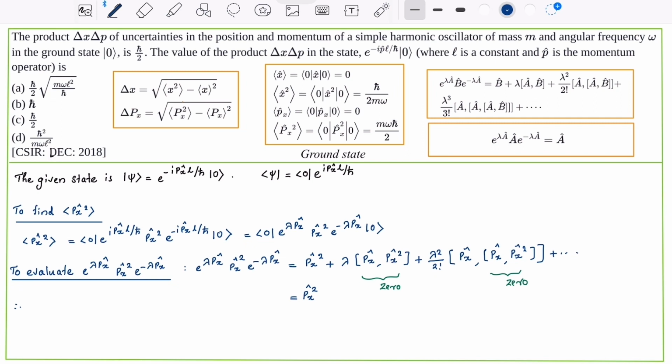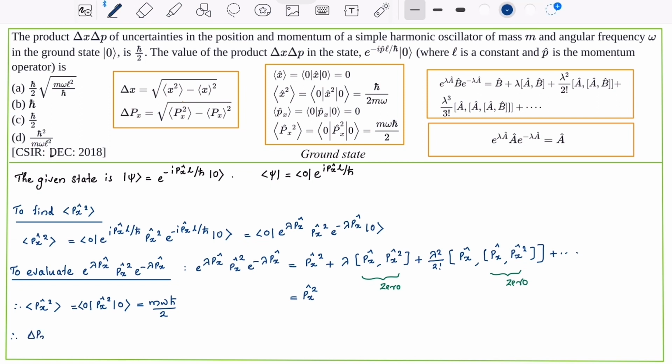That is, expectation value of px square is ⟨0|px square|0⟩. Now what is ⟨0|px square|0⟩? That is m omega h bar by 2. Thus we have evaluated px square and px.